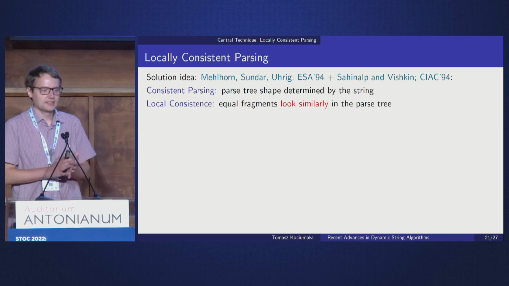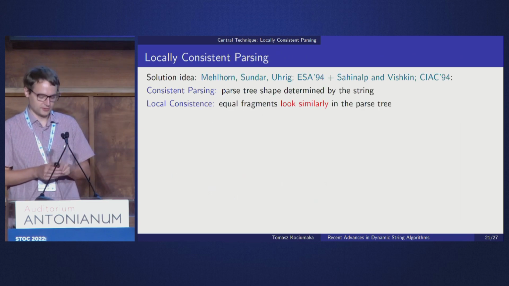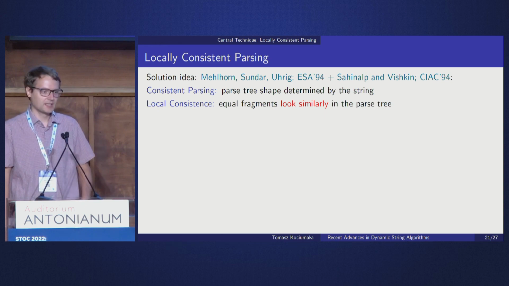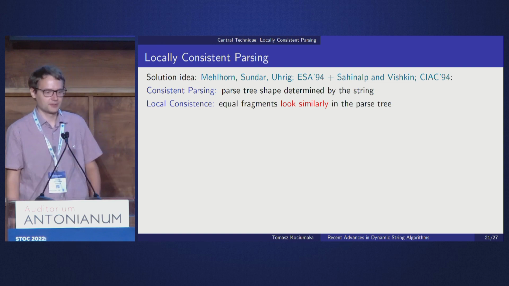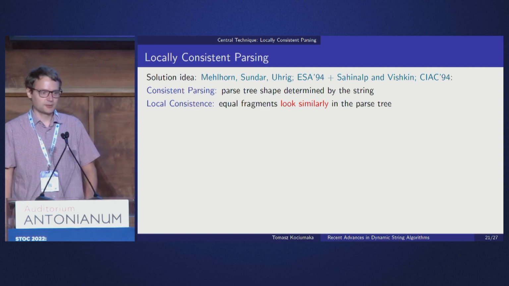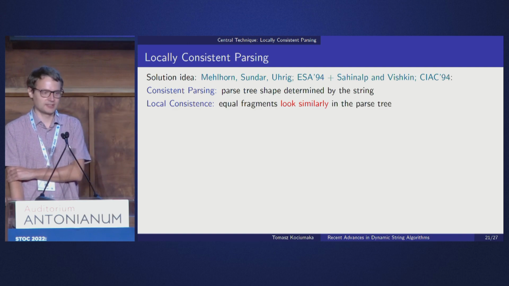So the technique which is used to overcome this difficulty is actually a pretty old one, almost 30 years now. It dates back to two papers from 1994, one by Melhorn, Sundar, and Uhrig, which is the first paper to study equality in dynamic strings.